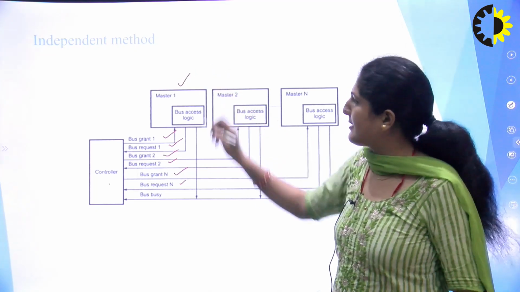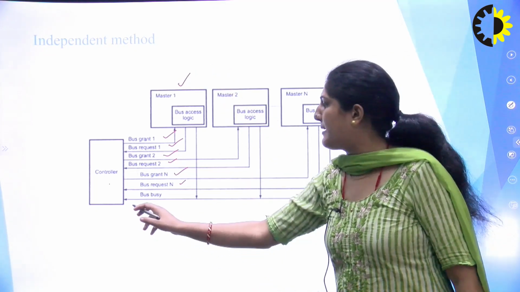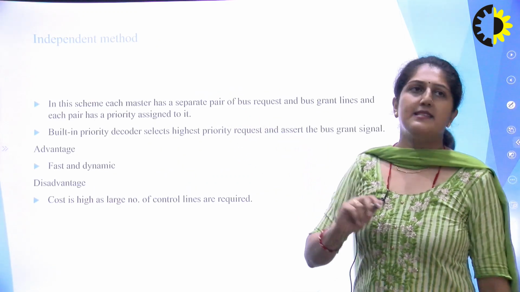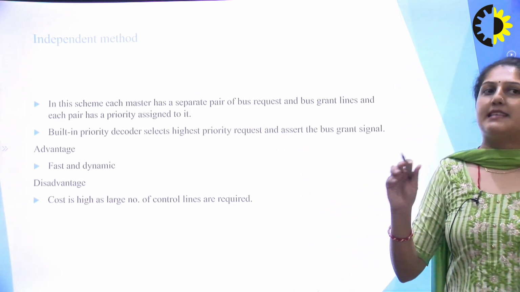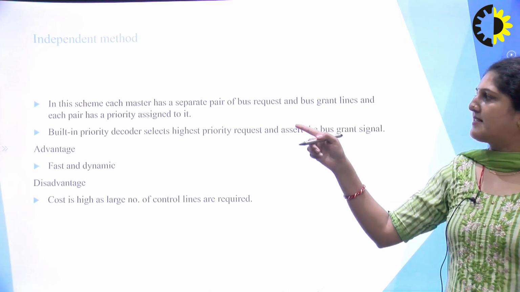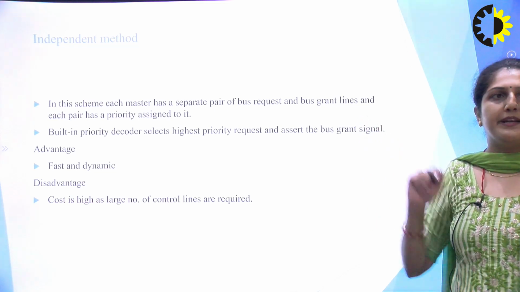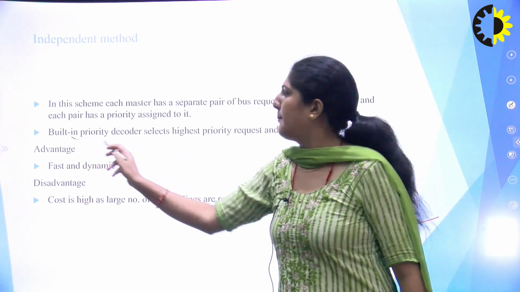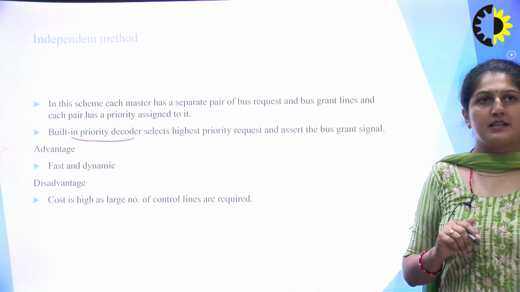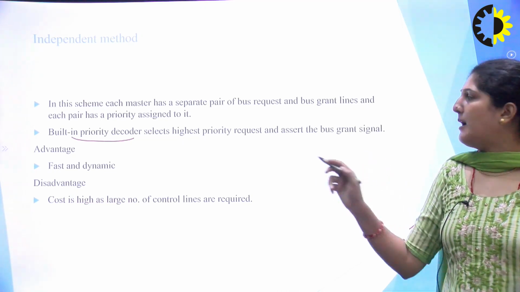If it gets the bus mastership, then the bus will become busy. So, in this scheme, each master has a separate bus request and bus grant line, and each pair has a priority assigned to it. The inbuilt priority decoder selects the highest priority request and asserts the bus grant signal.